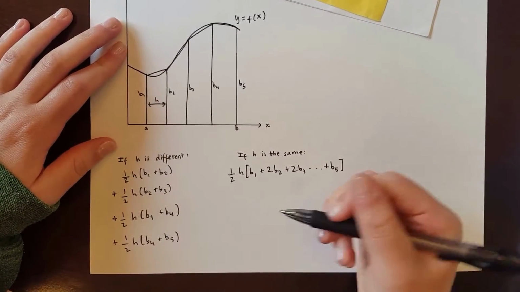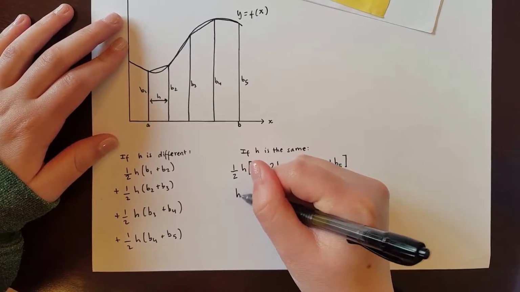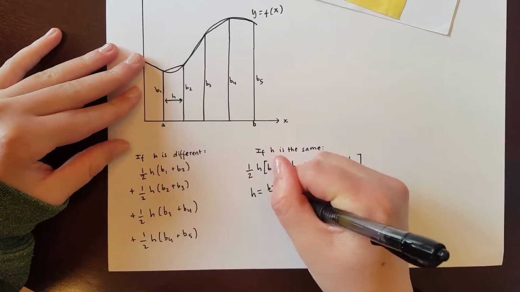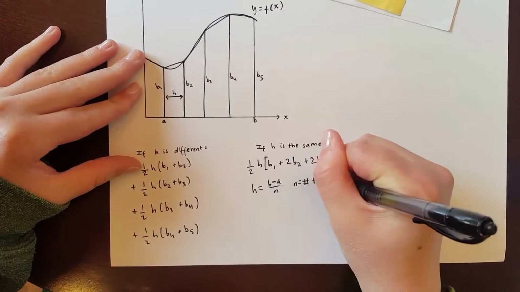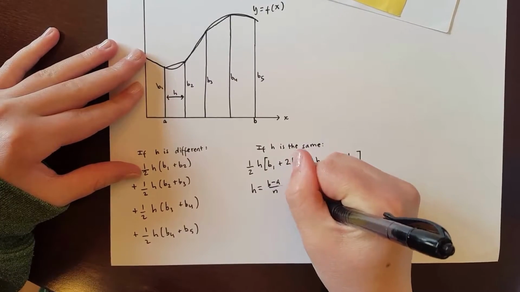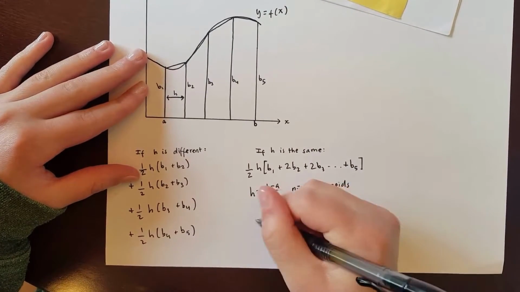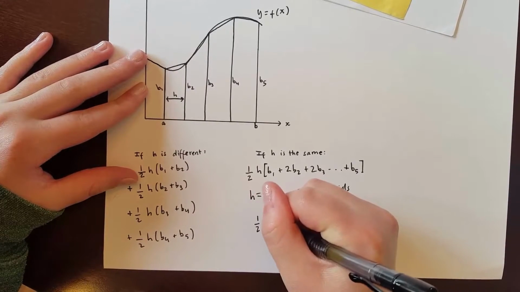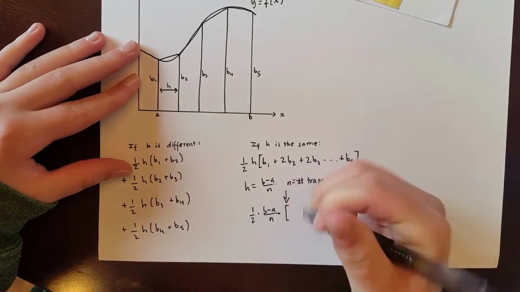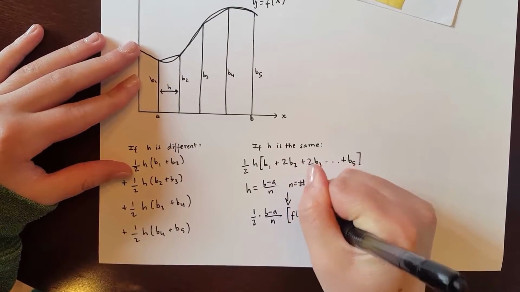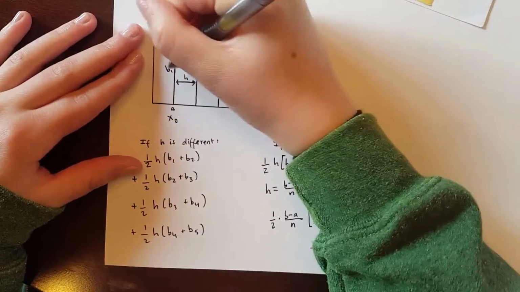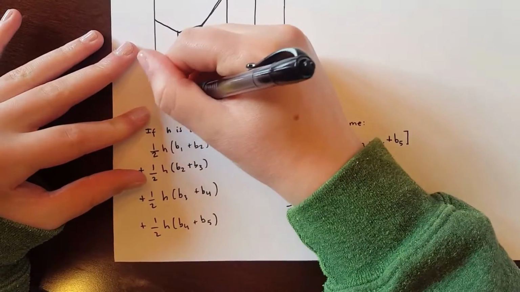So you might not know what your height is, so what you're going to do is h equals, you see your two endpoints, so b minus a over n, and n is the number of trapezoids. So then when you translate that into your formula, your final formula for the trapezoidal rule is going to be 1/2 times b minus a over n times f of x0, and b1 is basically the same as f of x0.